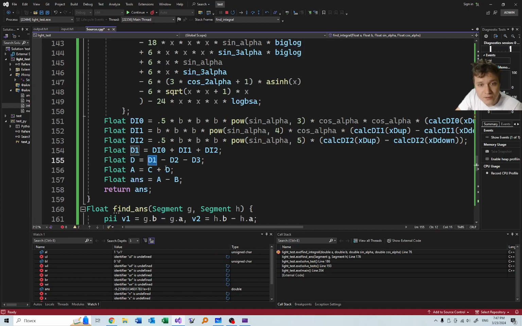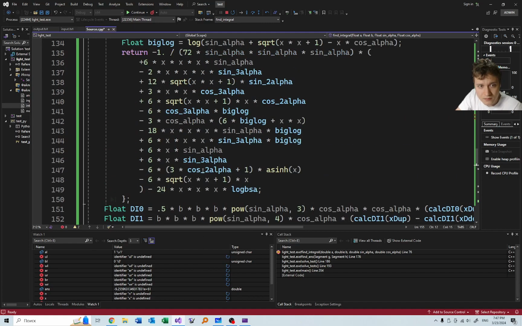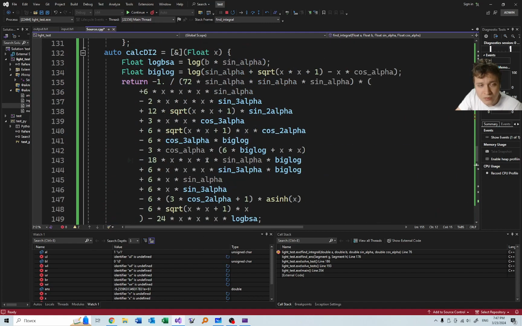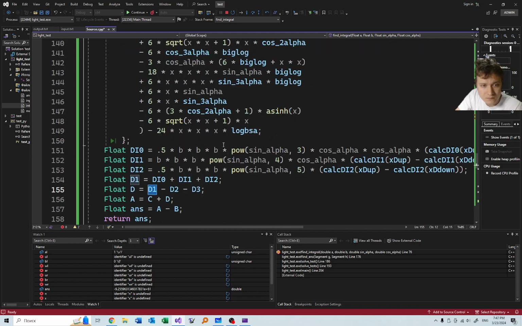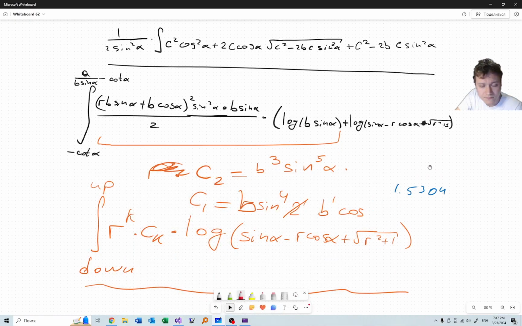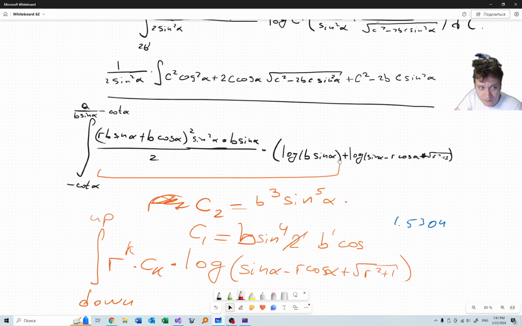This is D1. So D1 must contain logarithm of distance times alpha squared times alpha cubed over 6. Okay, let's see how it happens. So this is logarithm of distance.